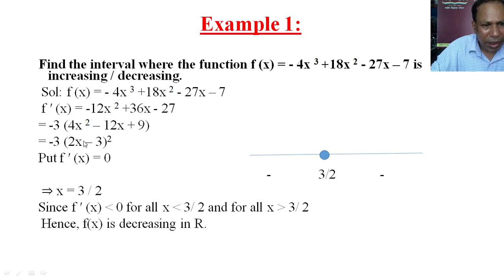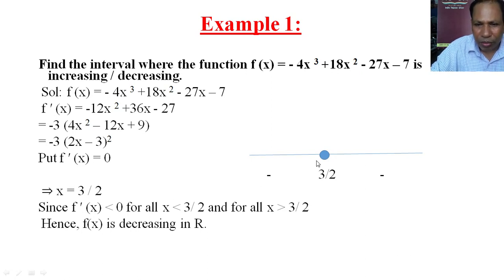Now this f dash x is equated to 0 and thereby we get x is equal to 3 by 2. Now this value so obtained, we put on the number line. This is the only value, 3 by 2. Now we choose a point to the right of 3 by 2 and put it in f dash x, and we find that it is less than 0.